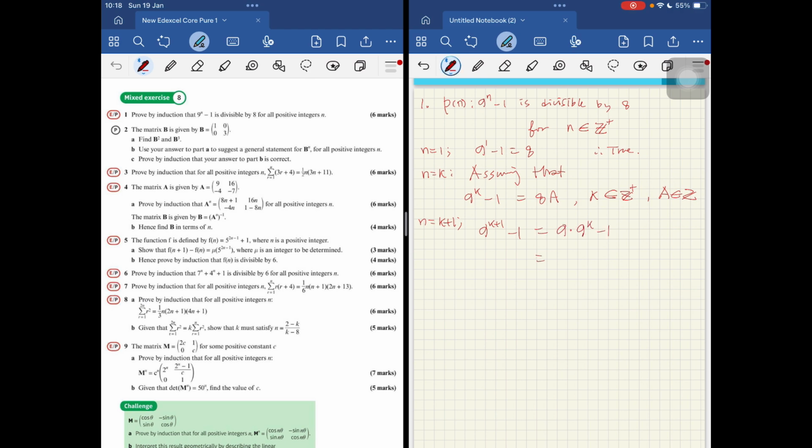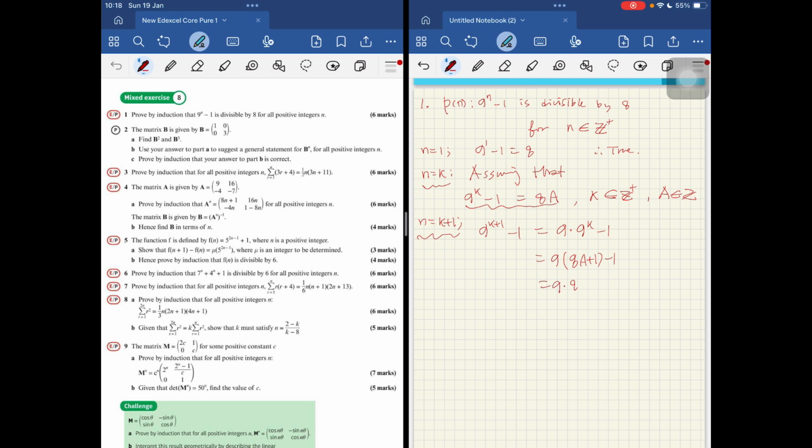In induction, the third step, which is this one, should be proved by using the second step, this assumption. So 9 to the power k from here is 8A plus 1, minus 1.